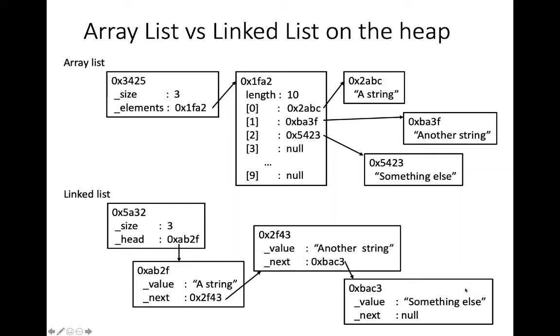And so here are two lists that are storing the same 3 elements, but in very different ways. One as an array list, and one as a linked list. Right? So going through the details of how a linked list works without actually writing the code, because you guys are going to write the code, what does it mean to be an empty linked list?